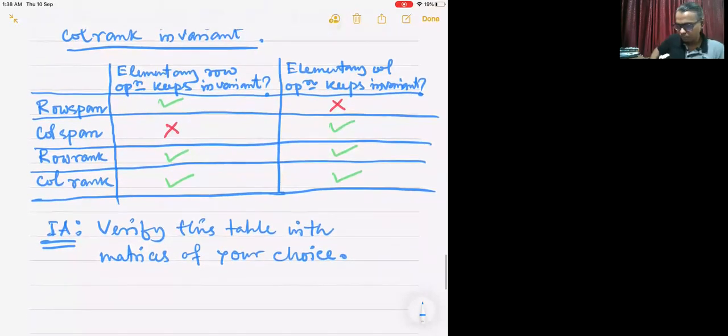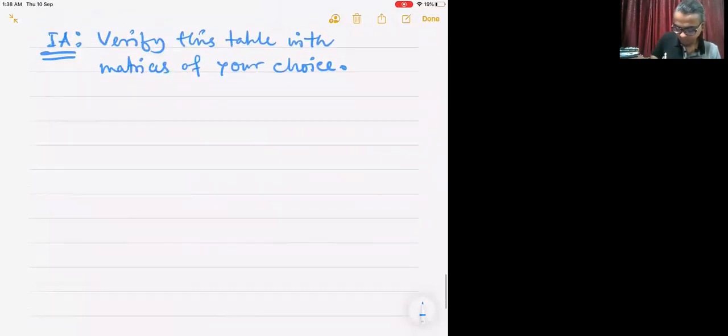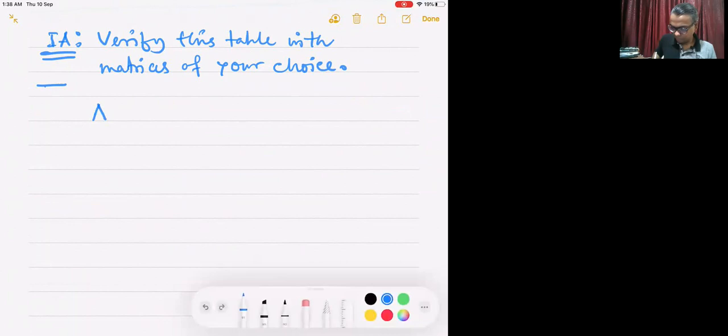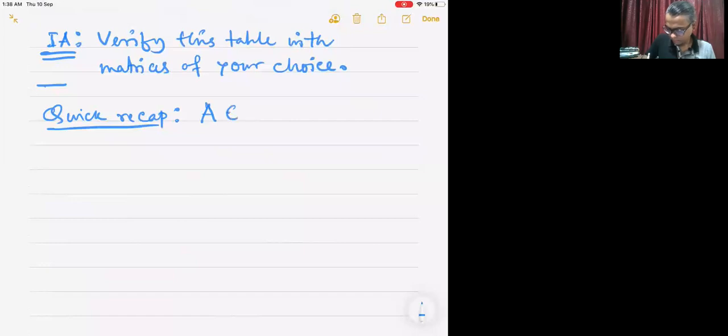So the problem that we were trying to understand is this one: suppose we have a matrix A. Let me write this as a quick recap. Recall that A is a matrix of size m cross n, and suppose we have done a row operation on it.